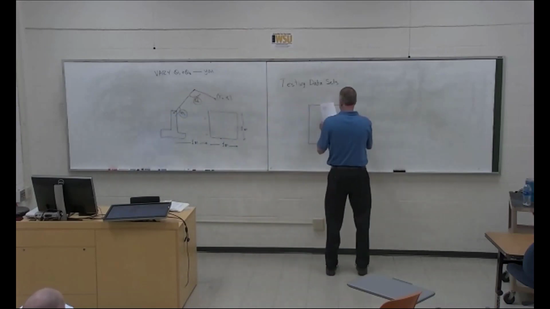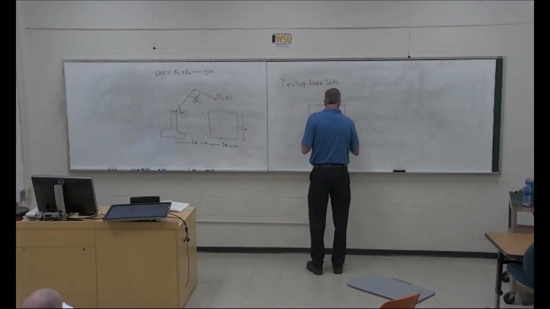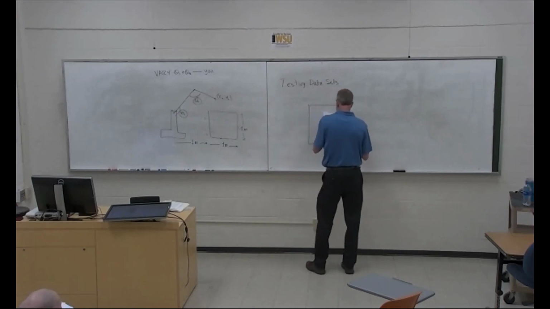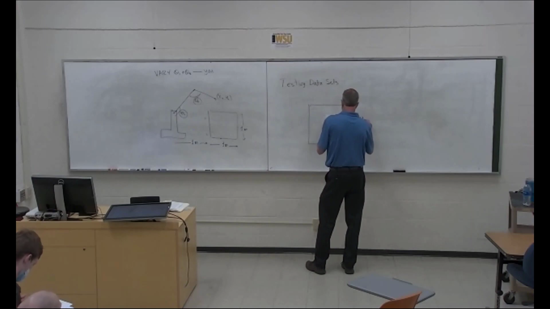So the equations for the lines, this equation is y2. Let me make sure I get the right one here. Yeah, that one is y2 is equal to 2 minus x2.